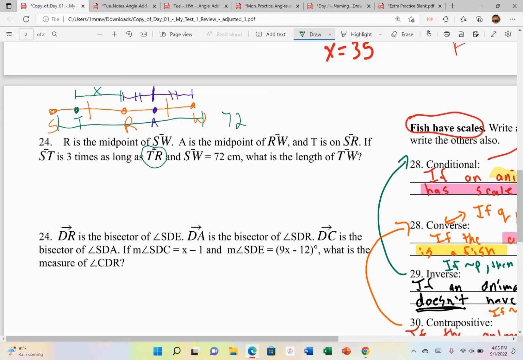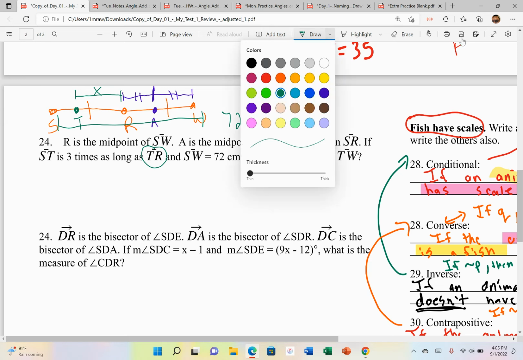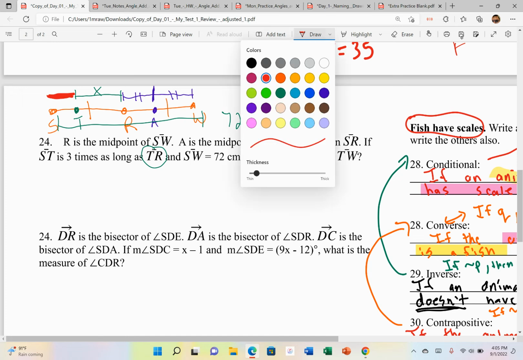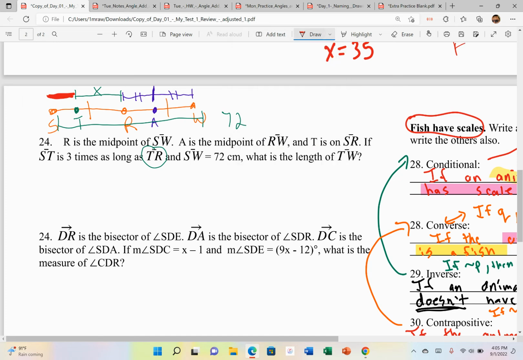And ST, that red part there, is 3 times as long as TR. So it's going to be 3x. Now, again, the line's there for visualization, not for accuracy, because obviously, based on my picture, ST is definitely not 3 times bigger than TR. But we're going with the basic to label.